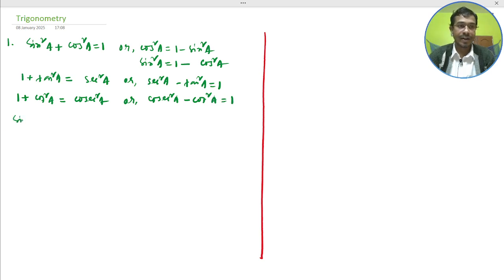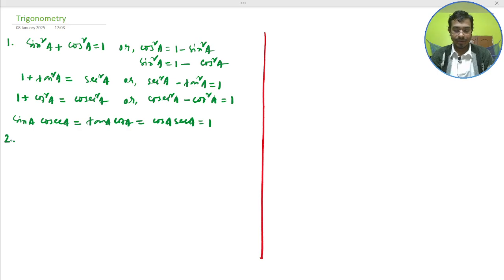And last, sin a cosec a equal to tan a into cot a equal to cos a into sec a equal to 1.